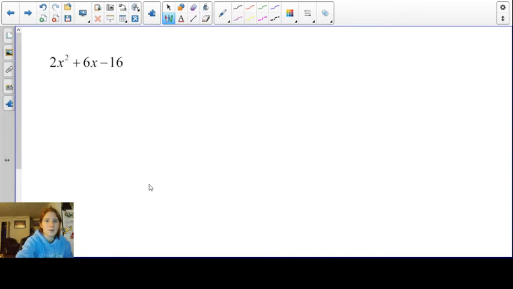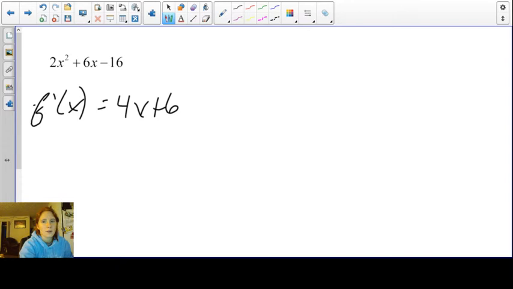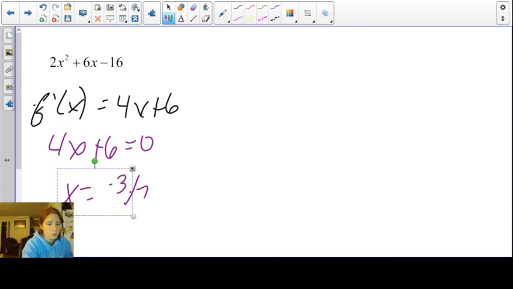Alright, same kind of idea. First start with my first derivative. Go ahead and find my zeros. So x is negative 3/2.